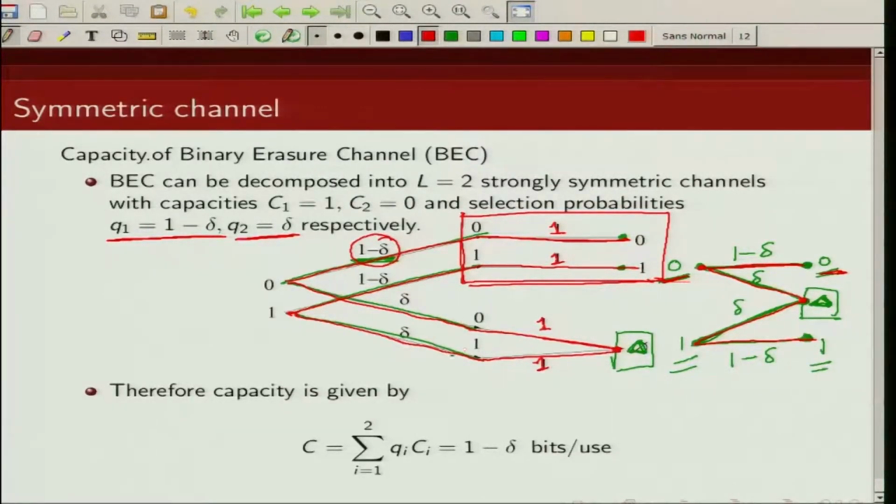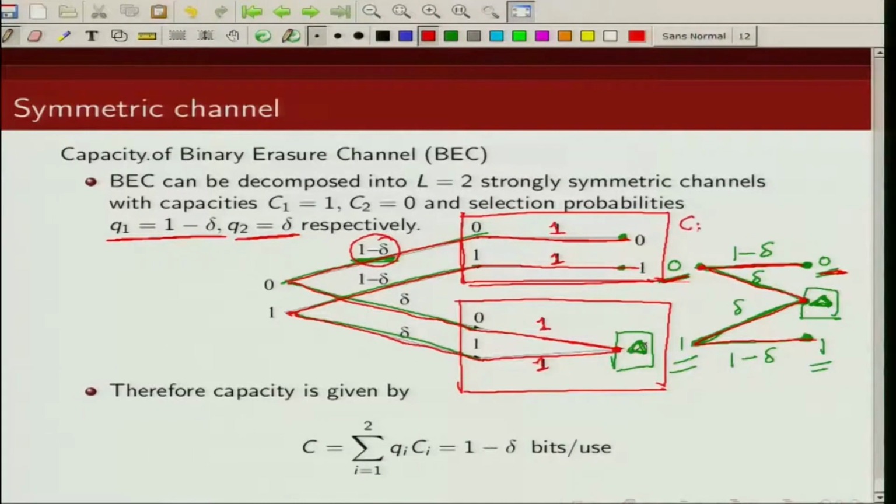And what is the capacity of this other channel? Its capacity is 0. We already know the expression for the capacity of a strongly symmetric channel, so just plug in the values. J in this case is 2, so log of 2 is 1, and the transition probabilities are 1 and 0, so the contribution due to H(Y given X) will be 0.